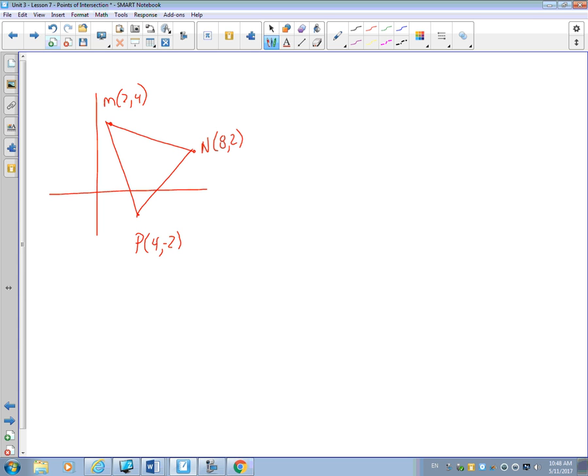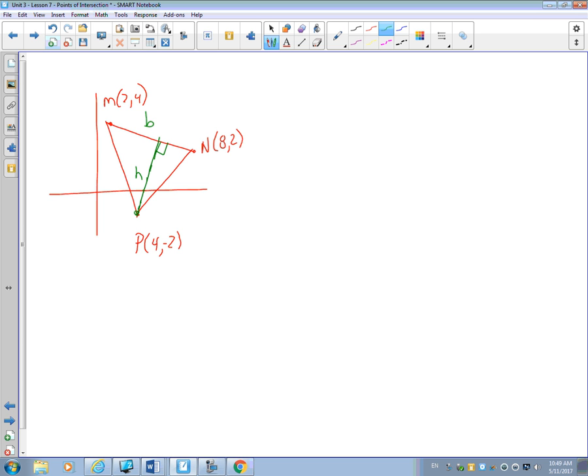I want to find the area of this triangle. So I'm going to decide, just a random choice here, that my height is going to be the one that goes from P this way. I'll call that my height. So this would make this my base. Okay, to find this height right here up the middle, makes a right angle.